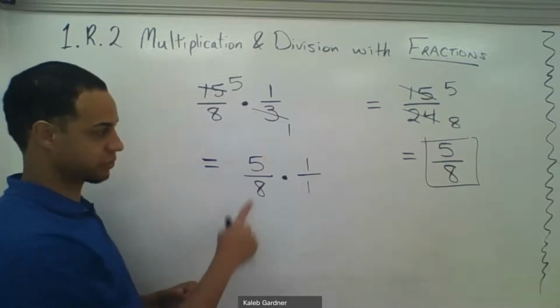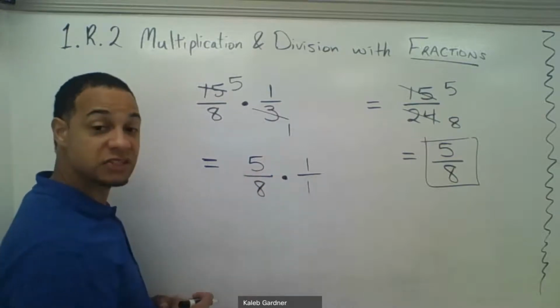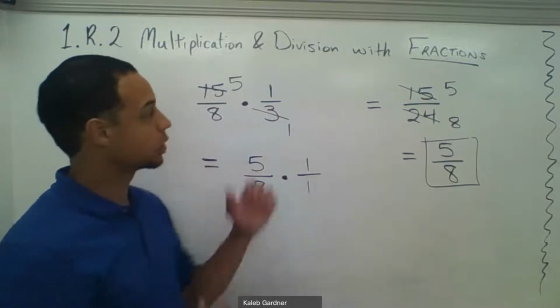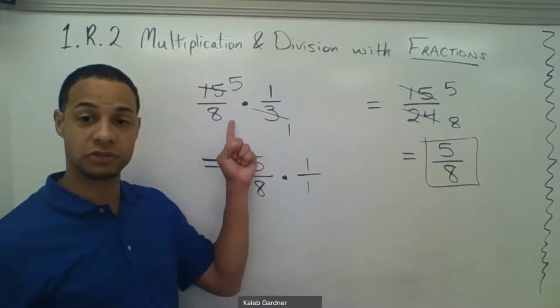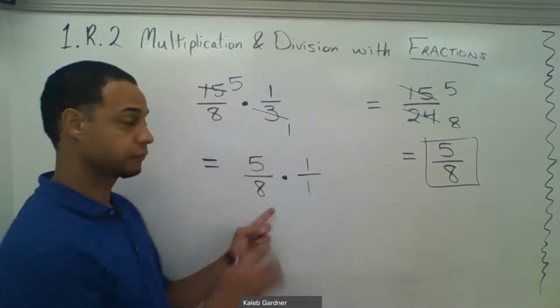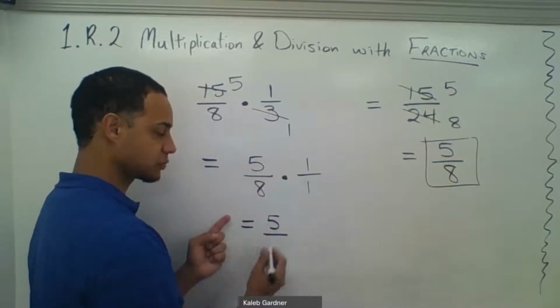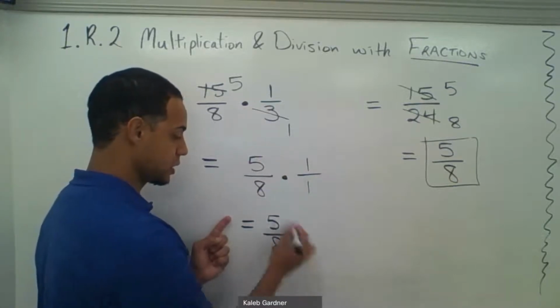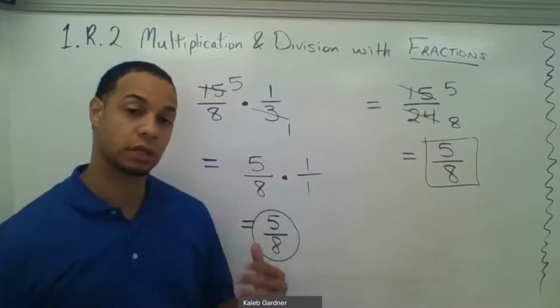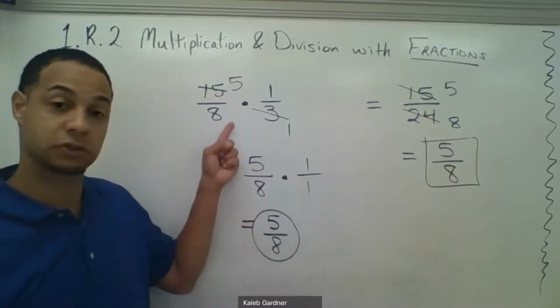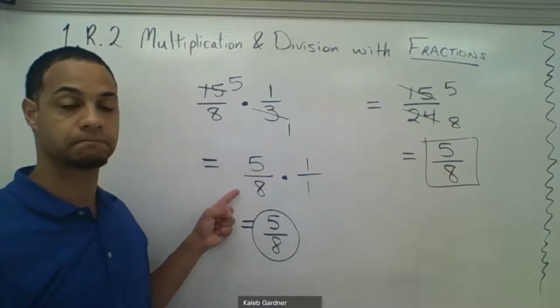Well, that's easy, right? 5 times 1. So in this situation, what we did is we reduced first, then we multiply. 5 times 1 is 5. 8 times 1 is 8.